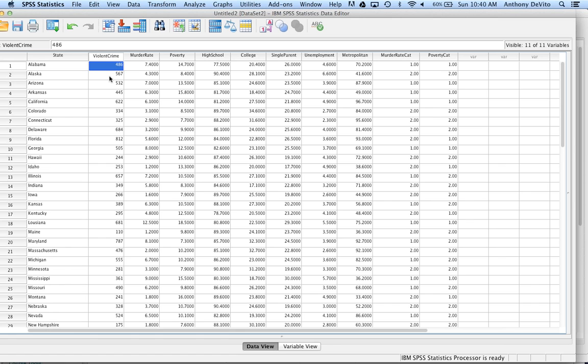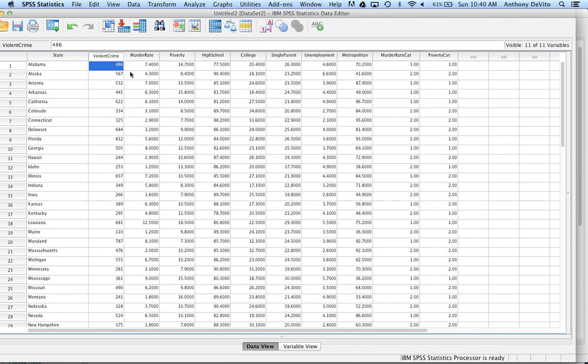Now, if you knew the population, and this is a little bit going beyond the scope of what we were planning on doing, what you could do is look up the population of each one of these, make a new column, enter the population, and then do a violent crime rate per 10,000 or per 100,000.